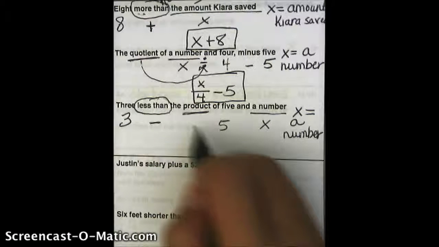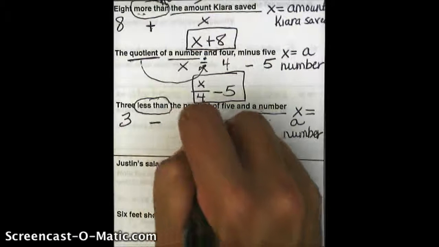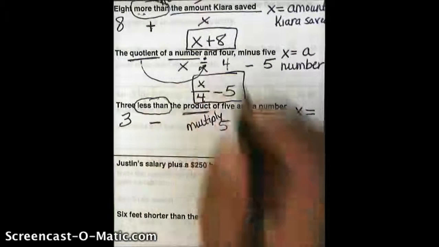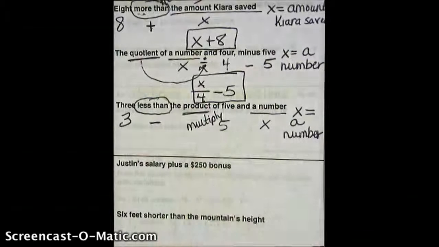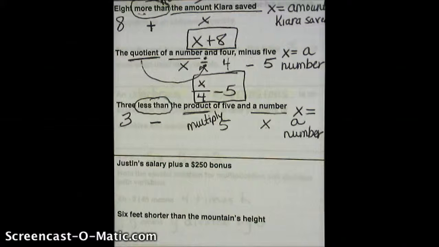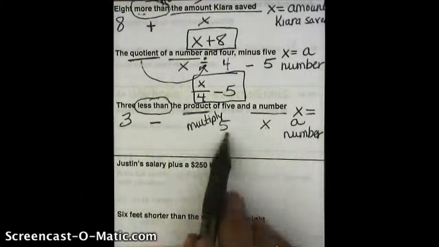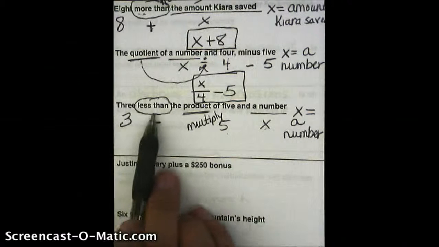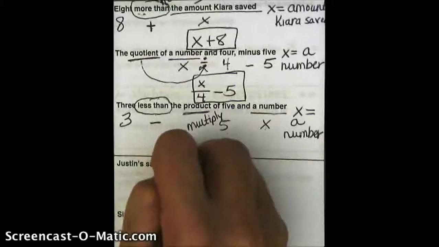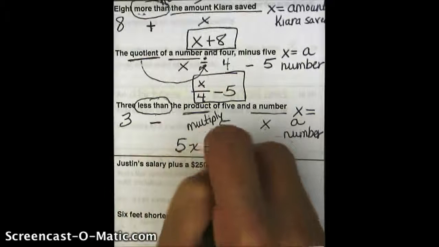It means that we're going to multiply those two numbers. And remember on page 1, I showed you that to multiply a number and a variable together, we just write them next to each other. So here we have 3 minus 5x, but because of the red flag words, we're going to switch them around. So our answer will be 5x minus 3.